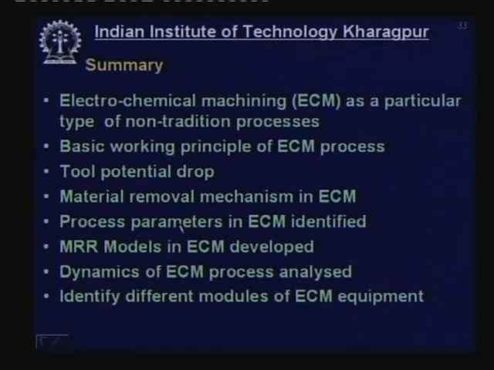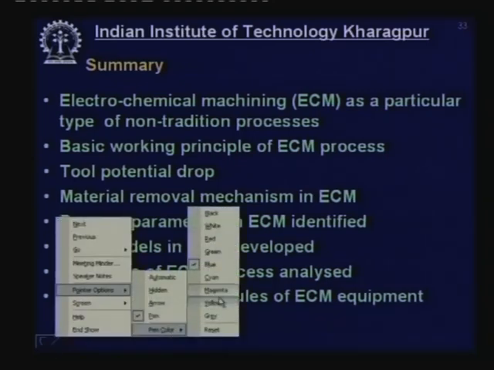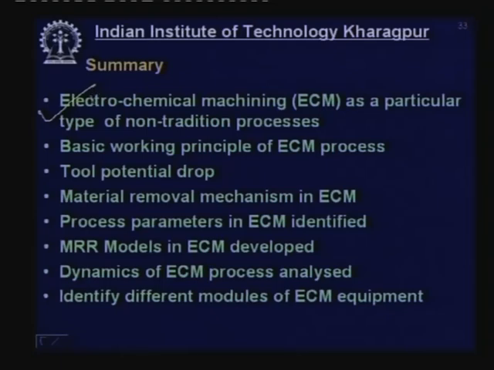So, let us come to the summary of today's lecture. We have already gone through the electrochemical machining process, and now you can associate electrochemical machining as a non-traditional machining process. You have also understood the basic working principle of the electrochemical machining process. You can draw as well as find out the different tool potential drops.